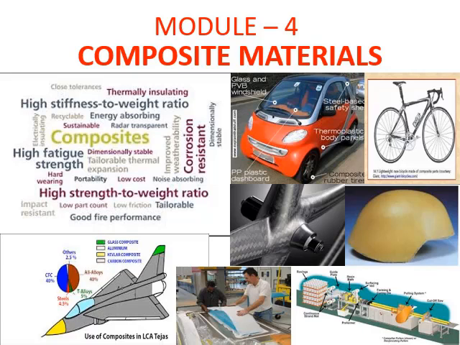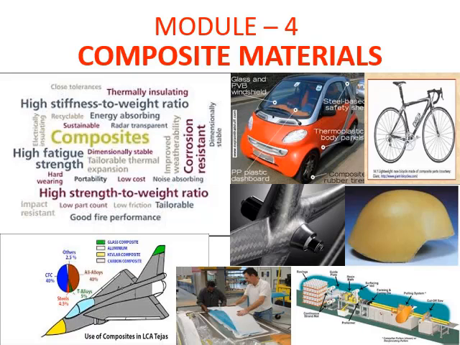Then they thought, why can't we combine or mix metals with plastics, or ceramics with plastics, so that we can get the advantage of both materials. If we have a composite material made up of a metal and a plastic, the overall weight may get reduced, the strength is increased, and the corrosion resistance is increased. So we get both advantages.